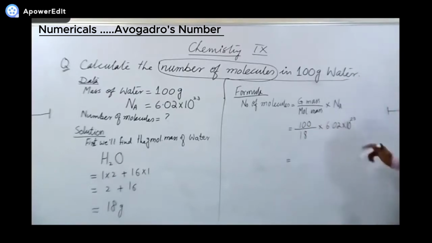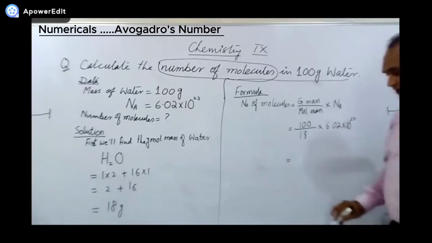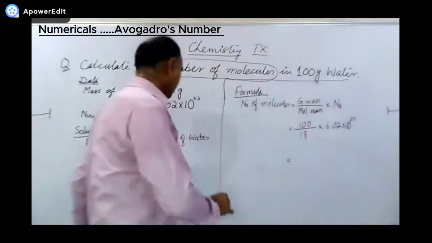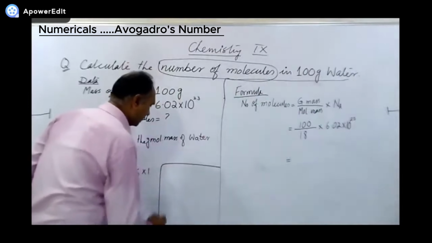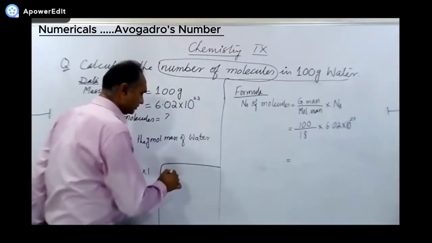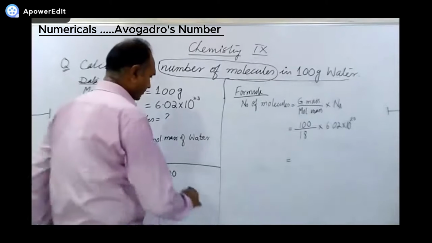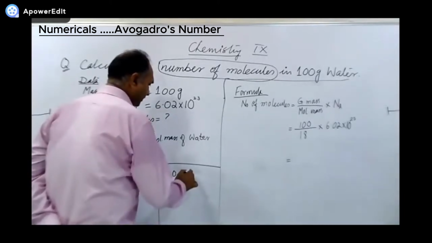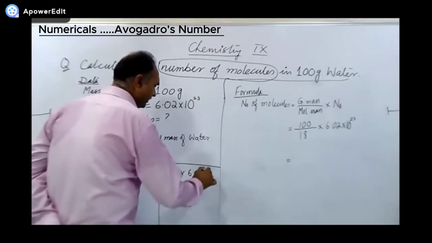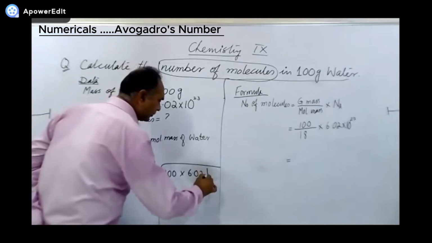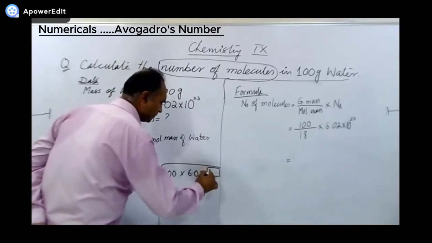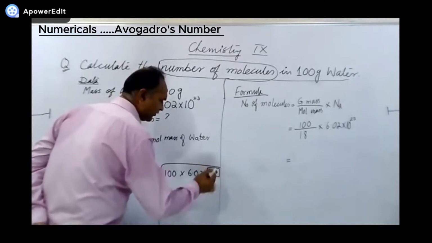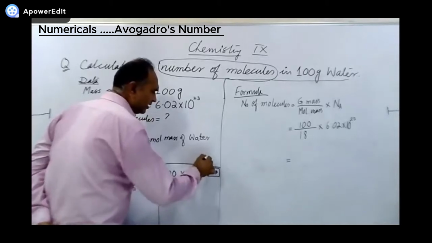Okay? So how will you enter into the calculator? Look at the board over here. If you don't know, you will write 100 multiply 6.02. Then you will press the button of EXP. Either it is the button of EXP exponent, or it could be written like this.